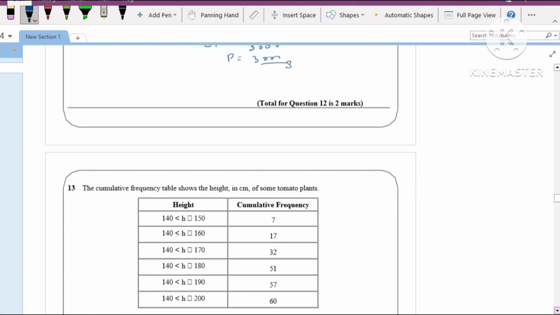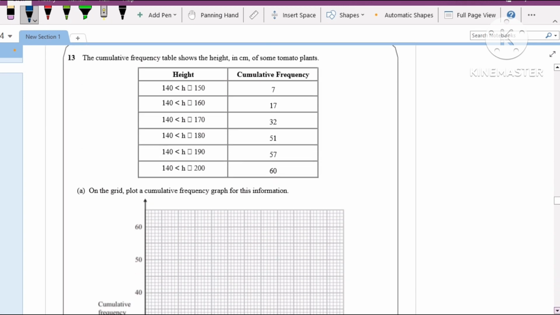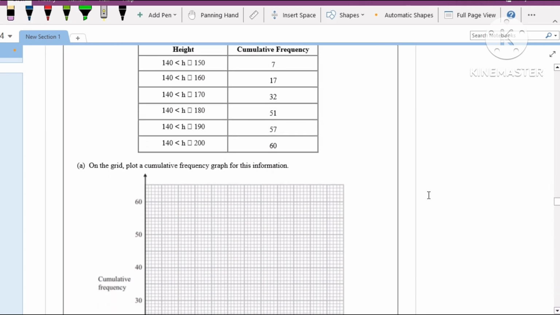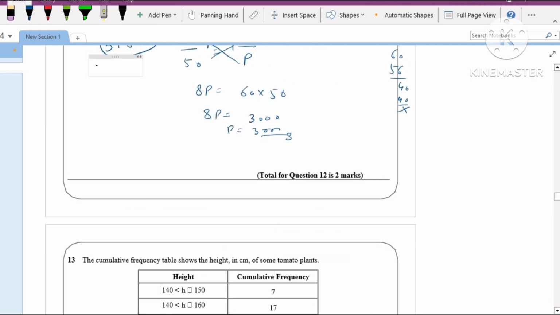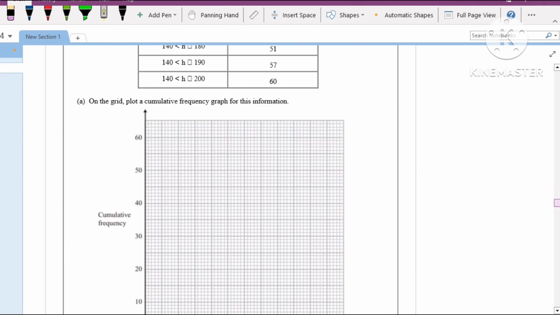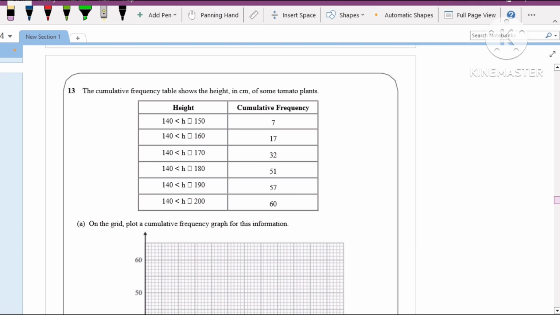Question number 13 is from cumulative frequency. It's very simple. The cumulative frequency is already given, you just have to draw the graph. The first point is 150 and 7.